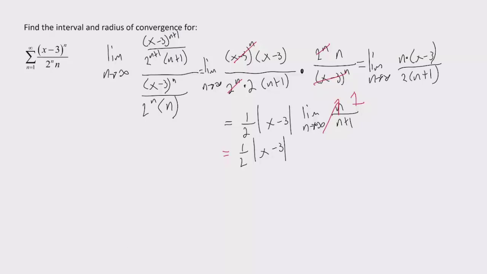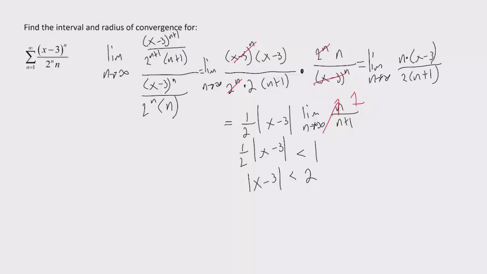Okay, so our series converges absolutely as long as 1/2 times the absolute value of x minus 3 is less than 1. Or we can change that expression to be the absolute value of x minus 3 is less than 2. Just multiply by 2 there.